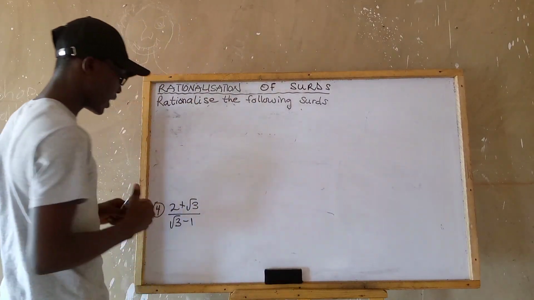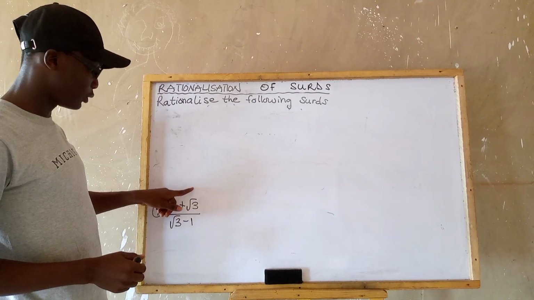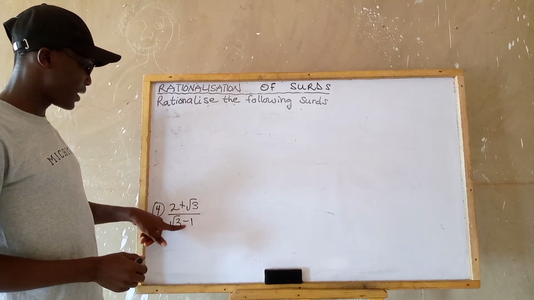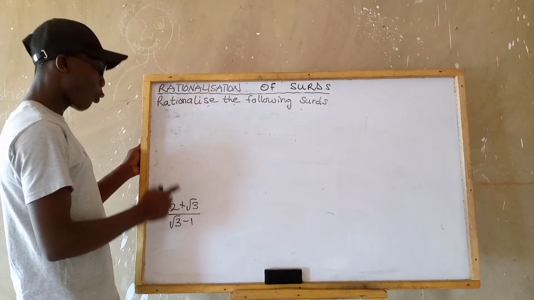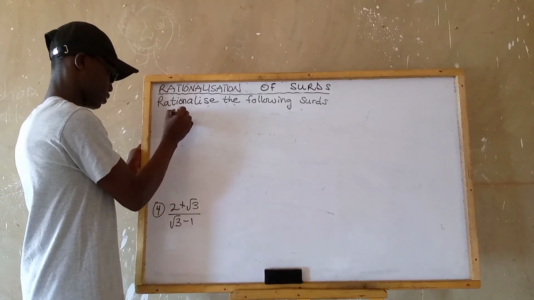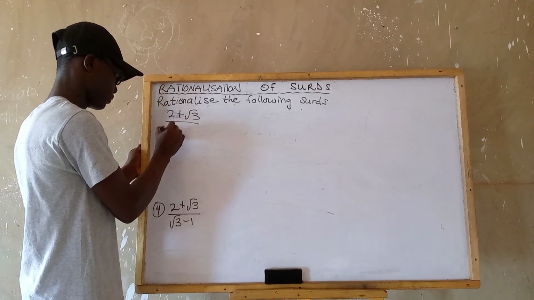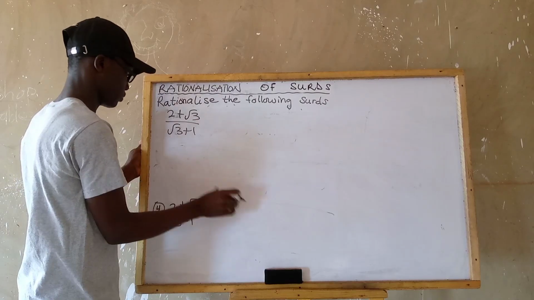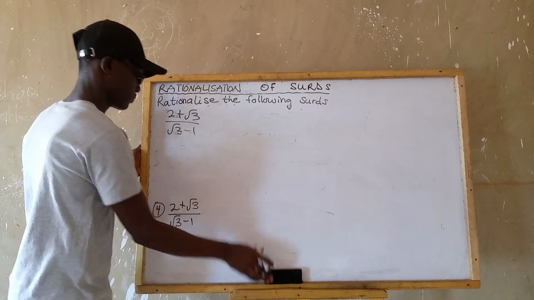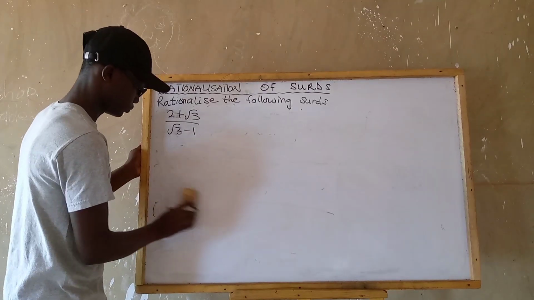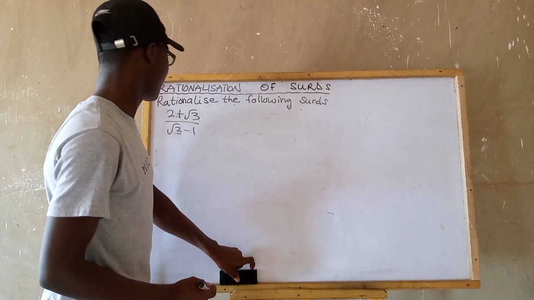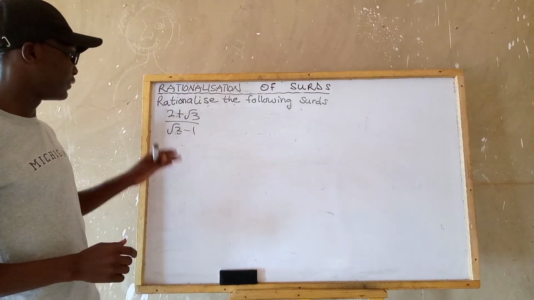The fourth question, you have 2 plus root of 3 over root of 3 minus 1. So here, what is the conjugate of this?